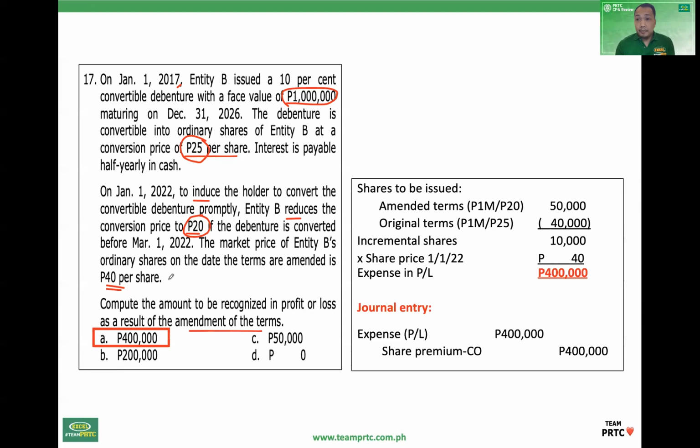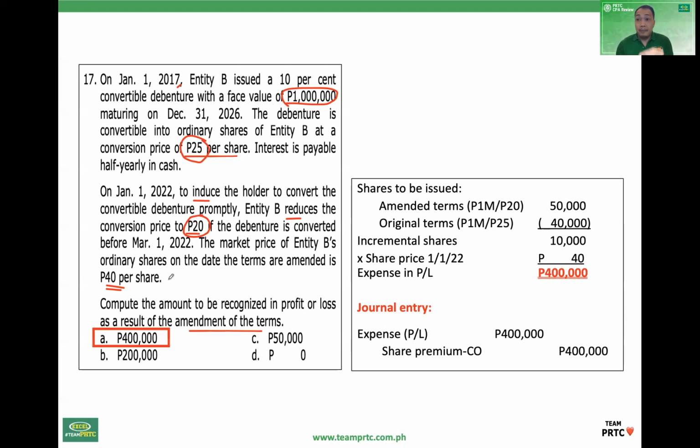Okay, number 18, presentation of bonds payable. So again, as noted earlier sa ating first topic on liabilities, yung financial liabilities other than yung trade and other payables at yung provisions na nag-qualify as financial liabilities, pine-present yon separately. Okay?